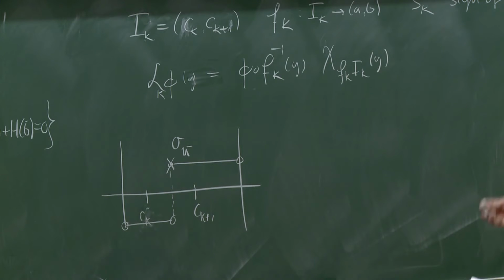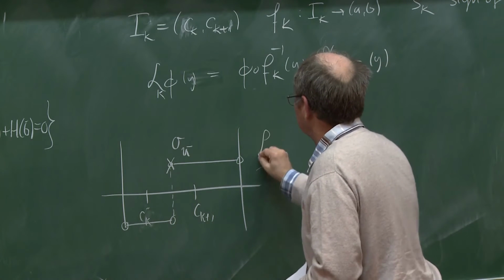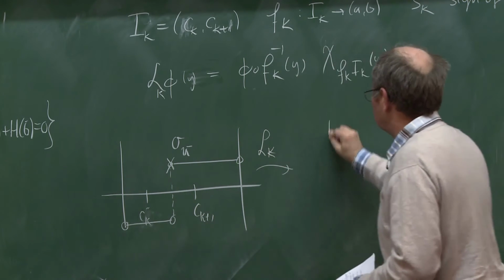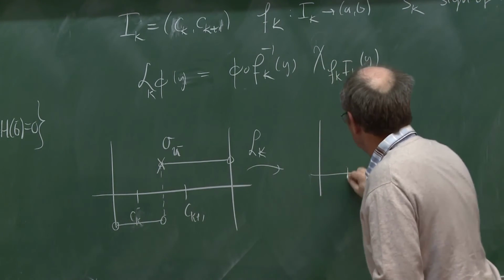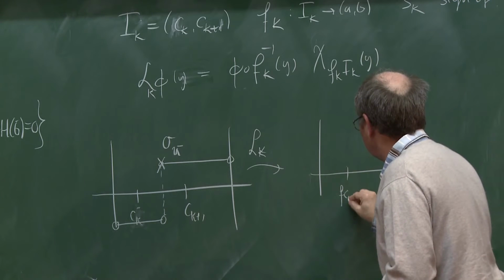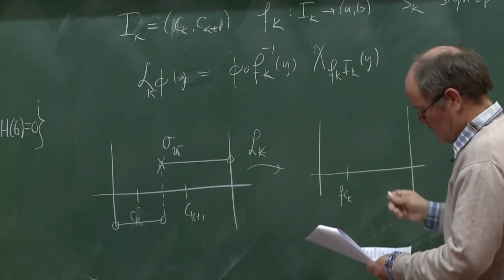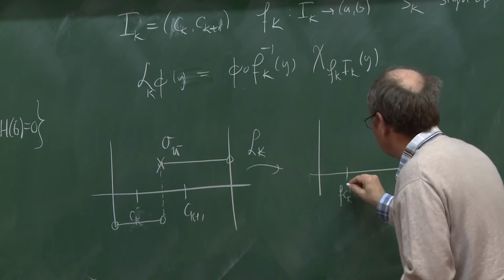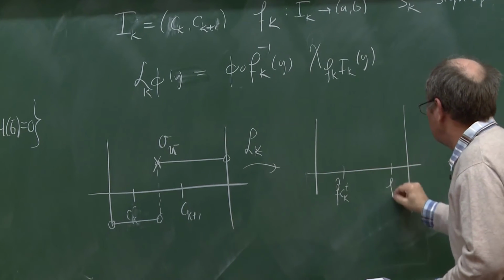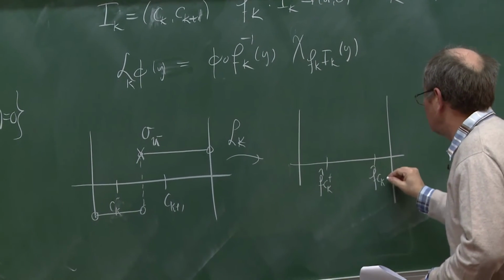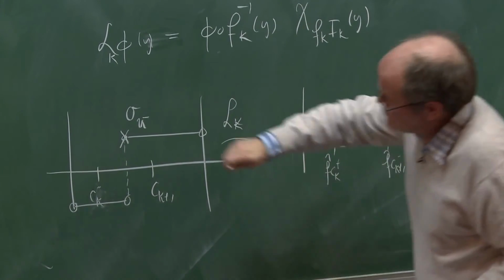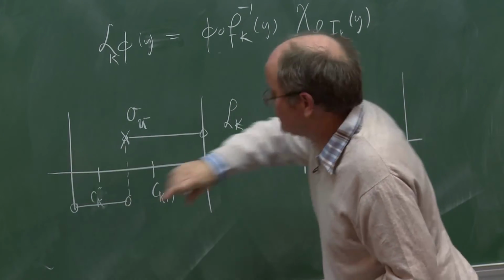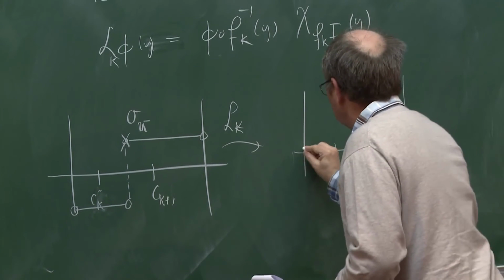And what is LK doing to this? Well, you simply look at the dynamics, and you see that you will map the interval to f hat ck plus 1 minus. Now, the part which is outside will be chopped off because it's not in the image. So here you'd get 0.